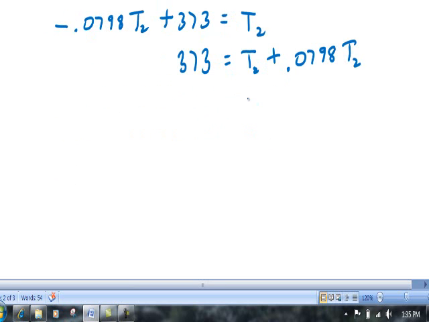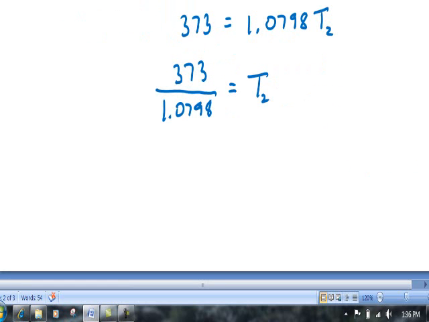This brings us to this point. 373 is T2 plus 0.0798 T2, we'll combine our T2 expressions. Now that we've combined the T2 expressions, we have 373 equals 1.0798 T2. We can divide by 1.0798 to isolate the T2.